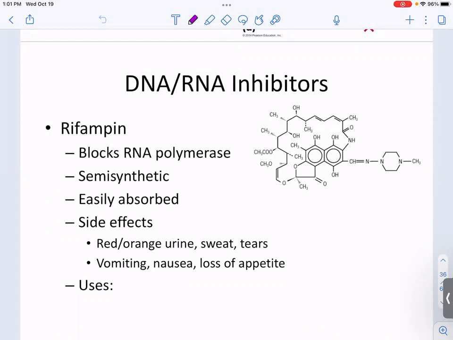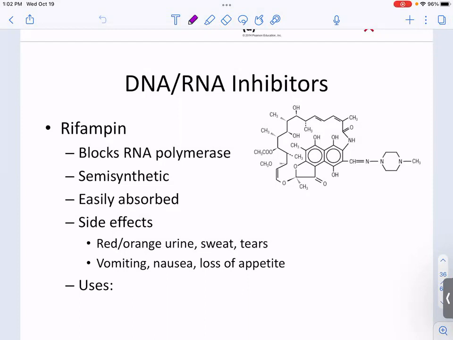Rifampin, or sometimes it's called rifampicin, same thing, is an RNA inhibitor. It actually blocks that enzyme of transcription, RNA polymerase. That enzyme in bacteria is different enough from our RNA polymerases that it's selectively toxic.